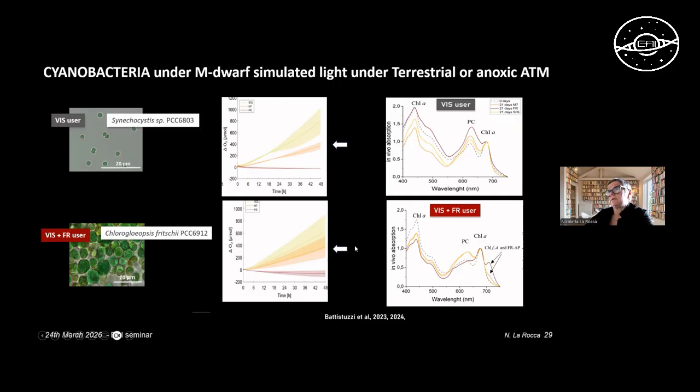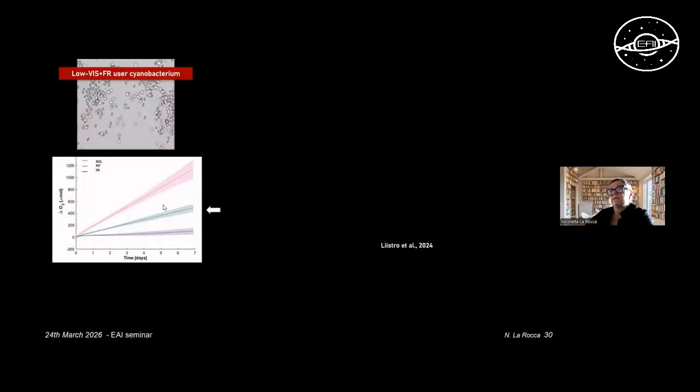But when we analyzed another type of organism, also able to utilize infrared light, but generally living in very low visible light, we observed that this oxygen release was less than expected.